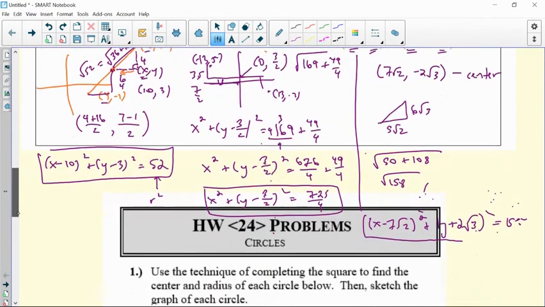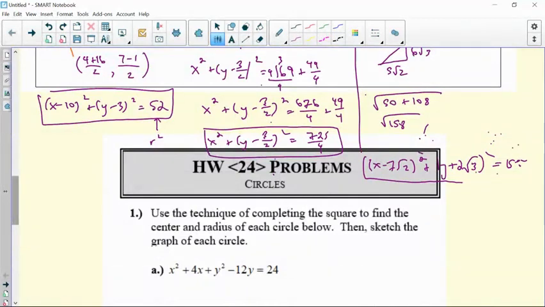In fact, I'm ashamed by that. So if I rewrite that, (x minus 7 root 2) squared plus, this should be y, it didn't look like a y, (y plus 2 root 3) squared equals 158. There we go.